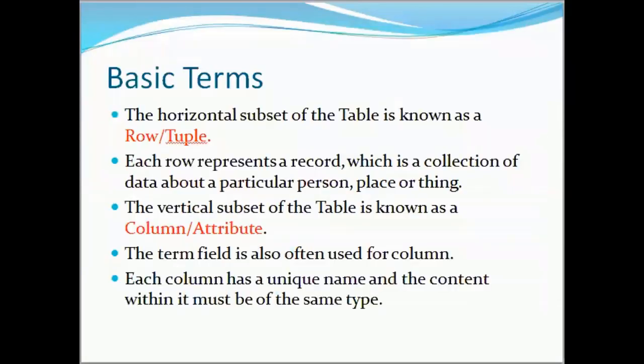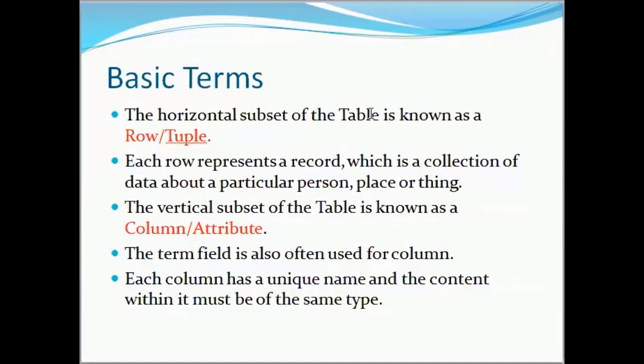So let's see these basic terms. Row, the horizontal subset of table is known as row. Another name for row is tuple, or you can say record. Each row represents a record which is a collection of data about a particular person, place or thing. Next we have column or attribute, which is the vertical subset of the table, and they are also known as field.